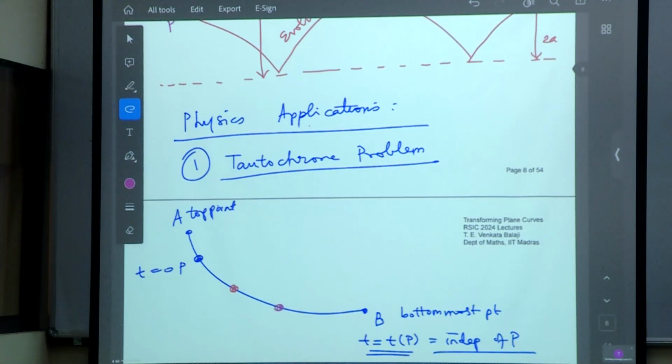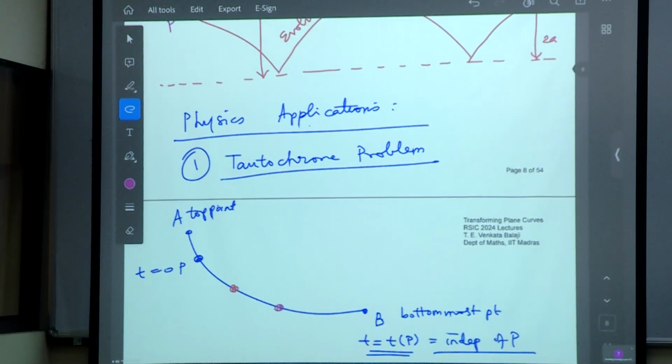The red one has to go slightly faster, and the blue one which is at top must go faster, of course. But their speeds should be adjusted in such a way that if I release them all at the same time, they reach the bottom at the same instant.